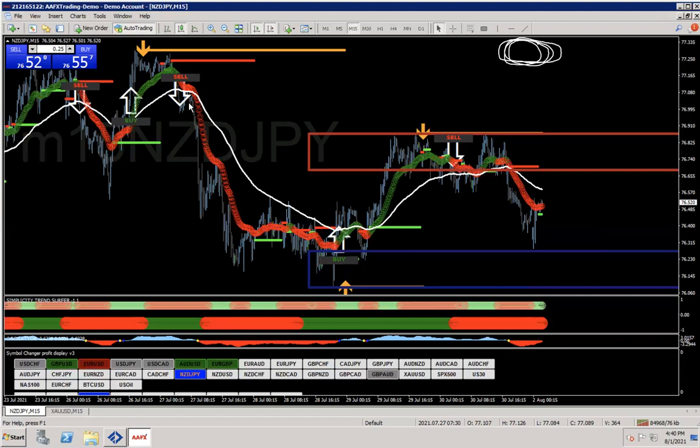But you also will see a pair like USD CAD, Canadian dollar, just consolidate. Well, the reason being is that the United States and Canada are in North America, and all of their banks are closed at night.